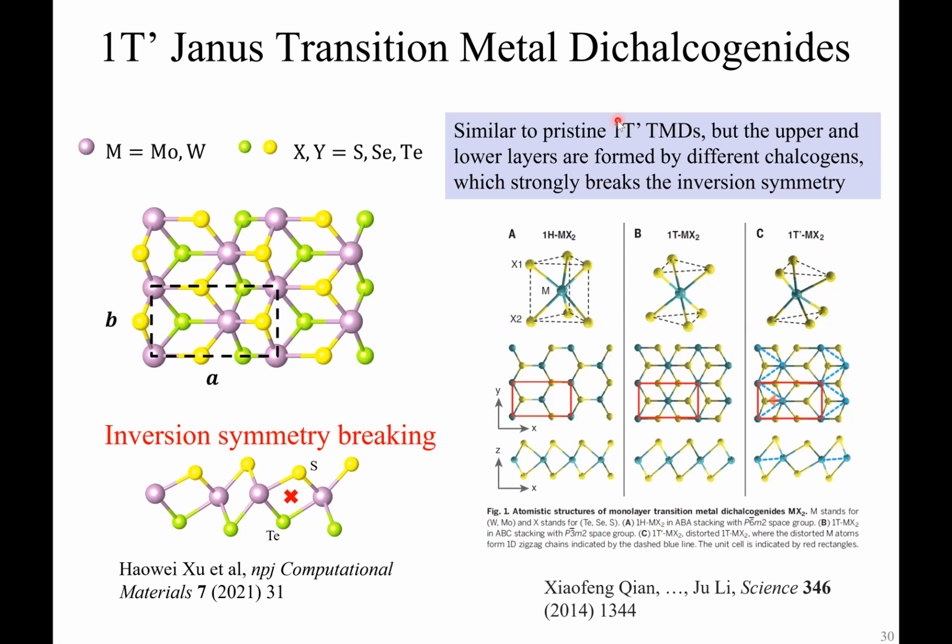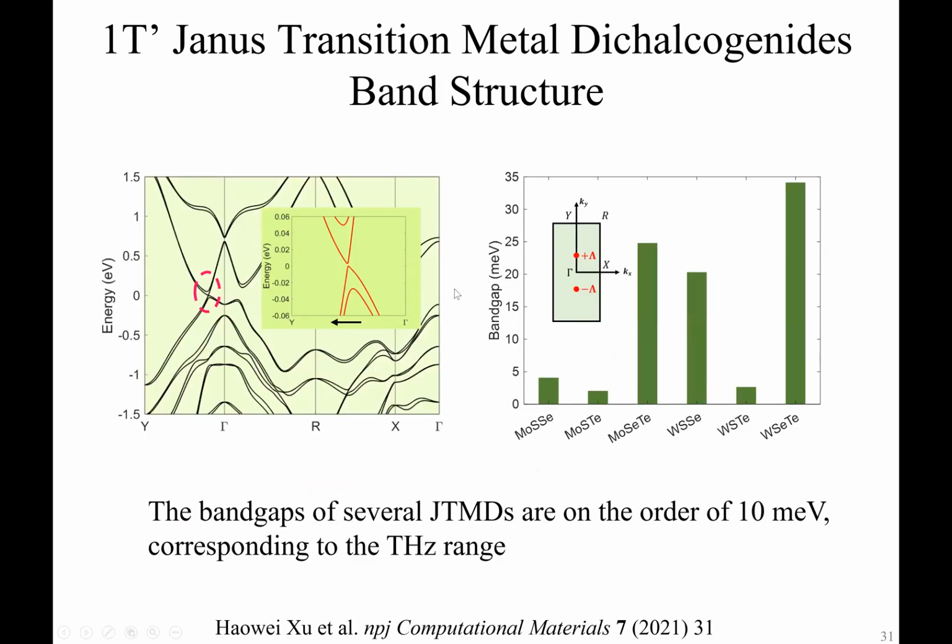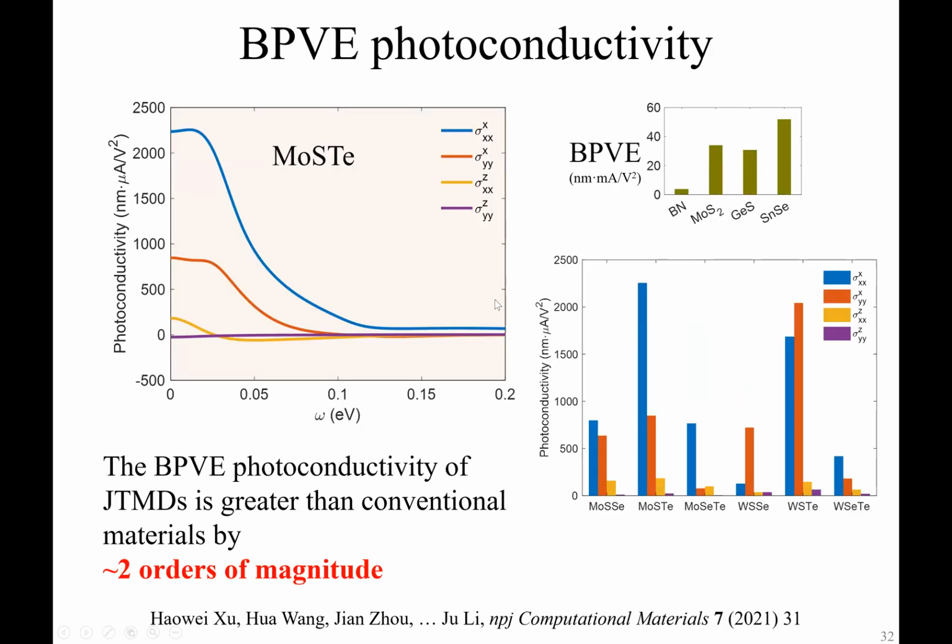So we're taking this 1T prime structure, which is a known topological insulator, and it actually has inversion symmetry in the traditional, let's say, molybdenum tungsten ditelluride. But when the upper layer is one chalcogen like sulfur and the bottom layer is another chalcogen like tellurium, you chemically break the inversion symmetry. And this breaking is very significant. The band gaps are on the order of tens of milli-electron volts, or several terahertz.